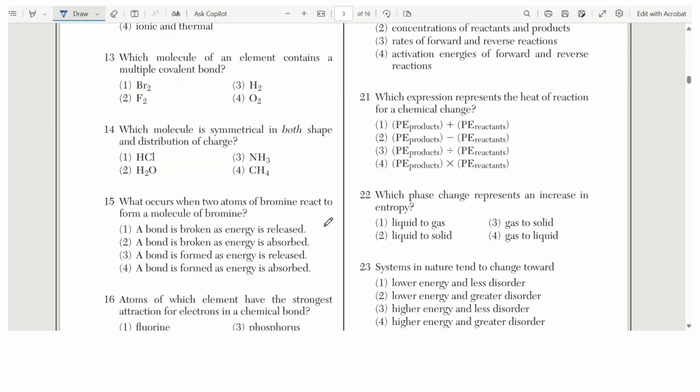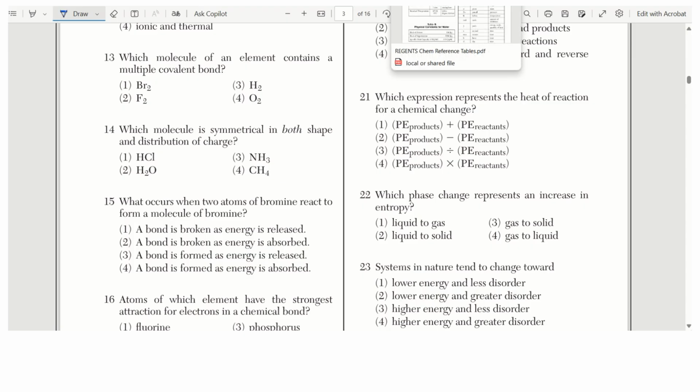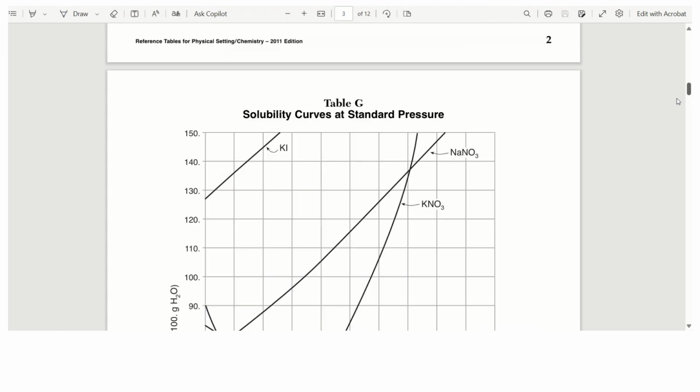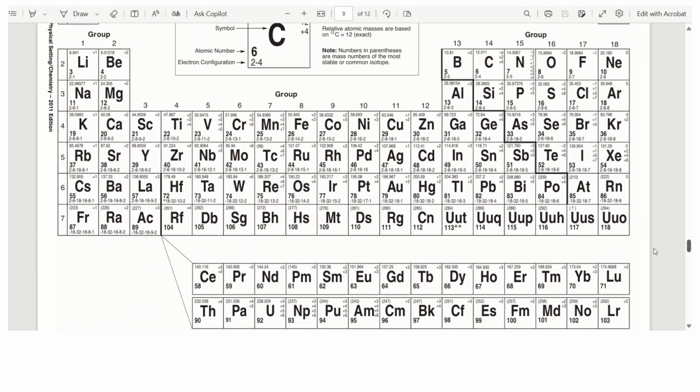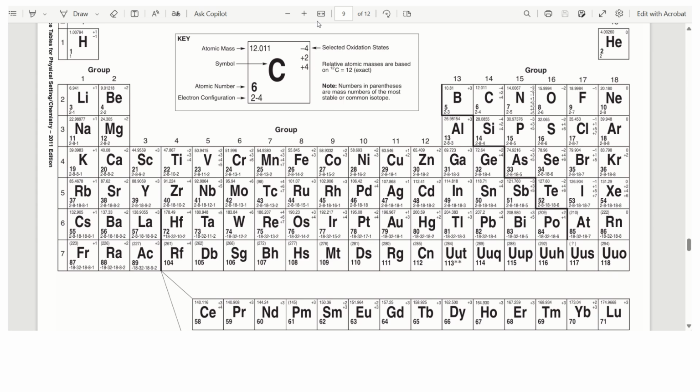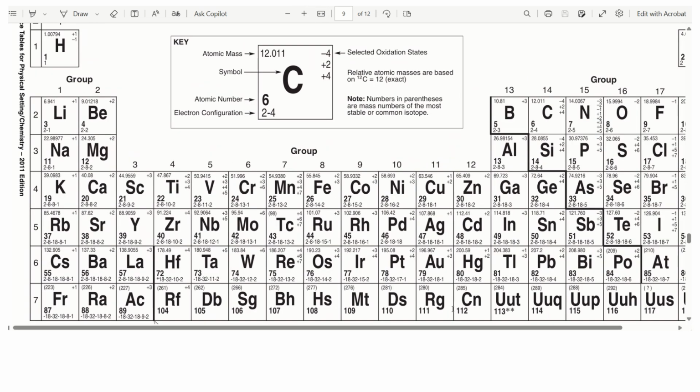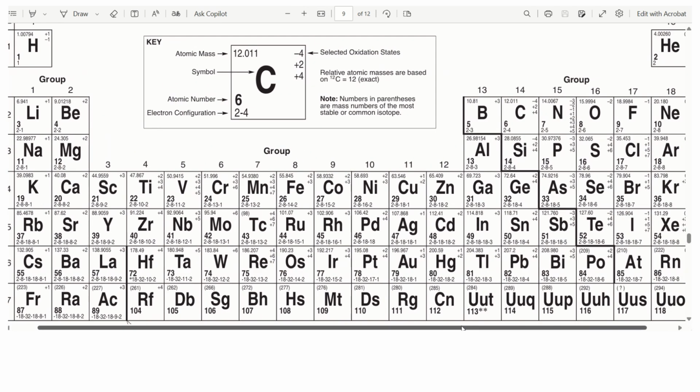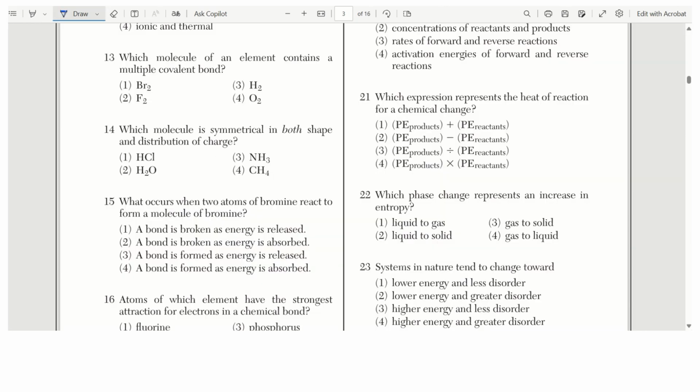Number 13, which molecule of an atom contains a multiple covalent bond? Okay, this will be helpful if you don't remember it off the top of your head to look at the reference table. So when I look at the reference table, I'm going to go to the periodic table and look for these elements and find their valence electrons. Okay, so bromine has 7 valence electrons.